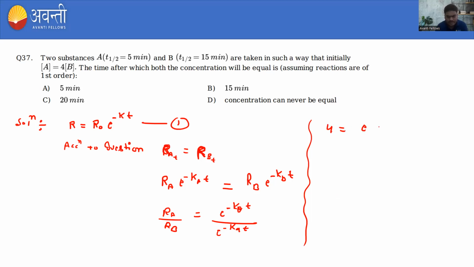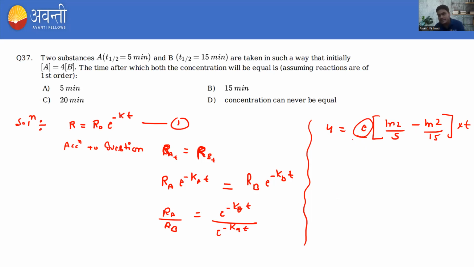And this becomes e to the power of ln2 divided by 5 minus ln2 divided by 15, multiplied by t. So just solve this value. On solving, here is e.